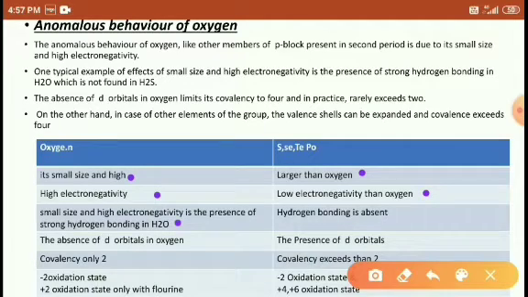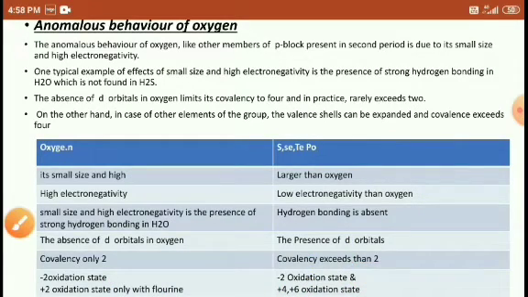Oxygen forms hydrogen bonding because it is highly electronegative, as in water, but in the other species hydrogen bonding is absent. In oxygen the d orbital is absent, in the others the d orbital is present. Its covalence is 2 because of the absence of d orbital. Their covalence is more than 2 because of the presence of d orbital. Oxygen's oxidation state is -2, which is common. It exhibits only the +2 oxidation state, while the others exhibit +4 and +6. So these are the anomalous properties of oxygen. Right, students, when we compare with the other species.